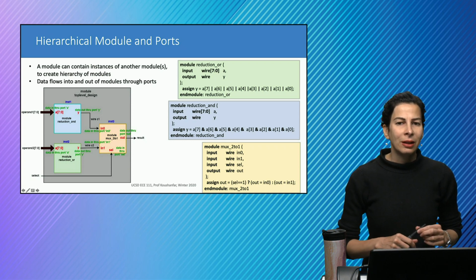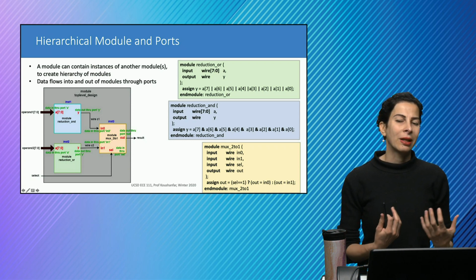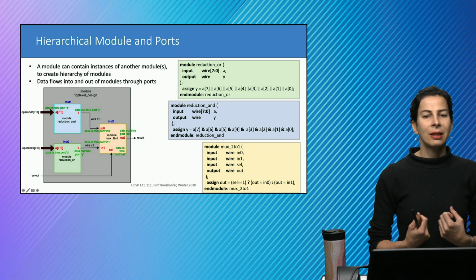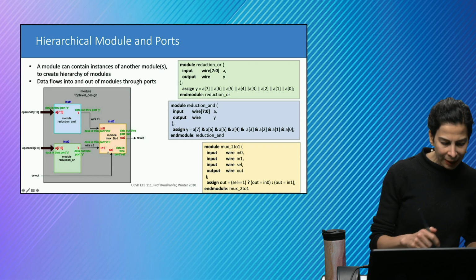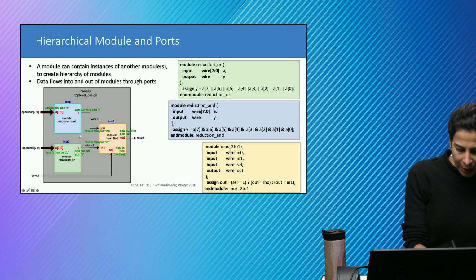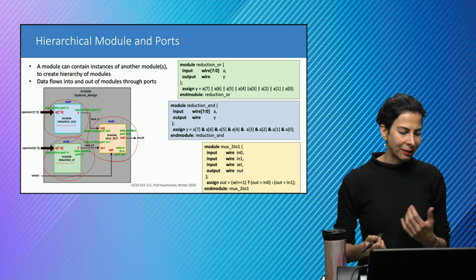Now, assume that I have a modularized design, so there is hierarchy in my design. Here I'm showing an example of a hierarchy in design where we have a module reduction and another module reduction, and a third module mux 2 to 1, which is basically a selector between them.